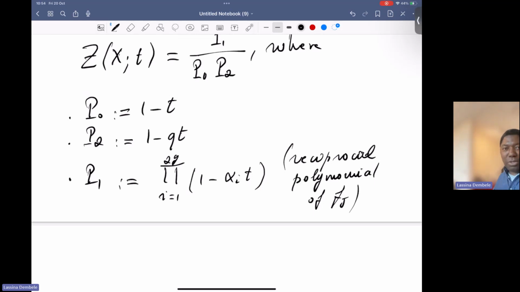So it's very easy to compute the expression of the zeta function of the curve in terms of the characteristic polynomial of Frobenius. If you know the Frobenius polynomial, then all you have to do is take its reciprocal. That would be the numerator, and the denominator is given by two very simple polynomials.